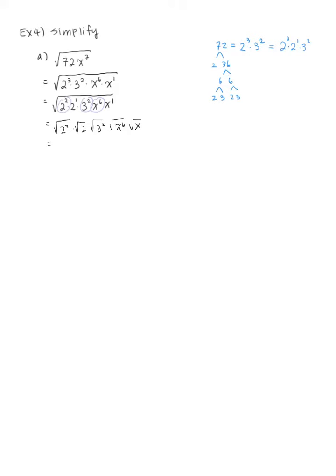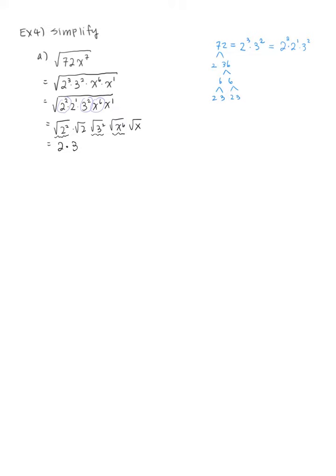Okay, so this is the same thing as 2 to the 2 over 2, which is 2 to the first. So this is just going to be 2. And let me just deal with the perfect ones. So perfect ones are this, this, and this. So the square root of 3 squared is going to give us 3 to the 2 divided by 2. So you're going to have 3.